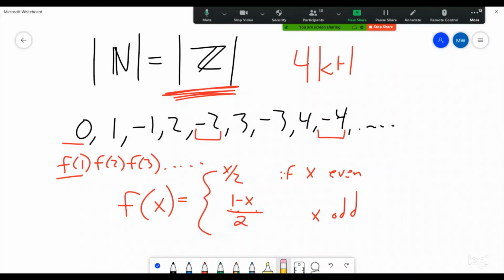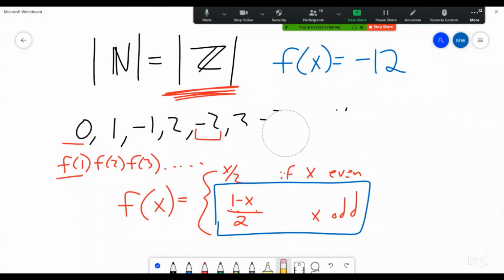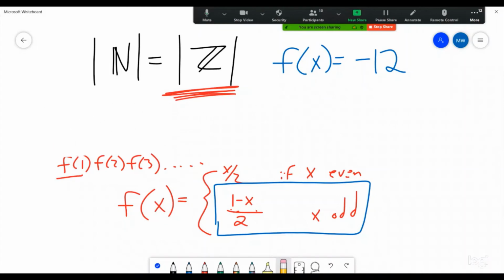So if you want to get a negative number, let's say we want f of x equal to negative 12, for example. Because it's negative, it's going to be in this situation. That means we have 1 minus x over 2 equals negative 12. So 1 minus x equals negative 24.